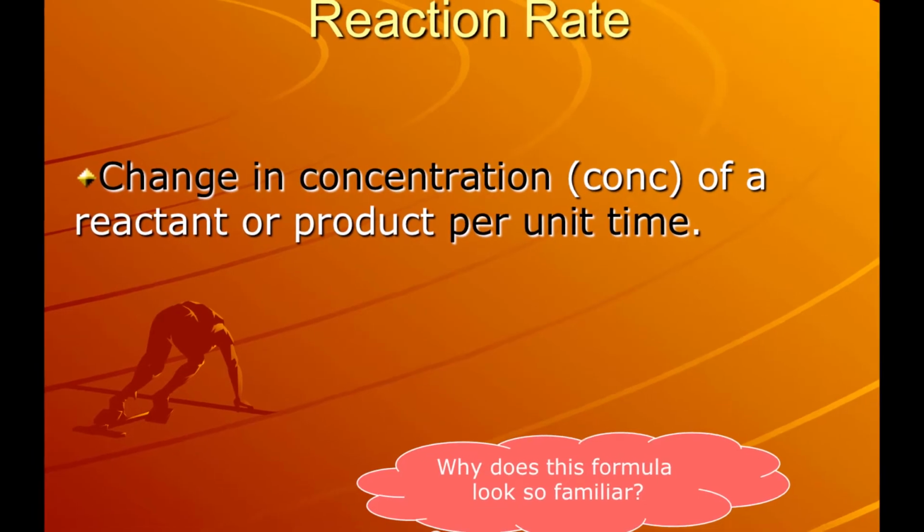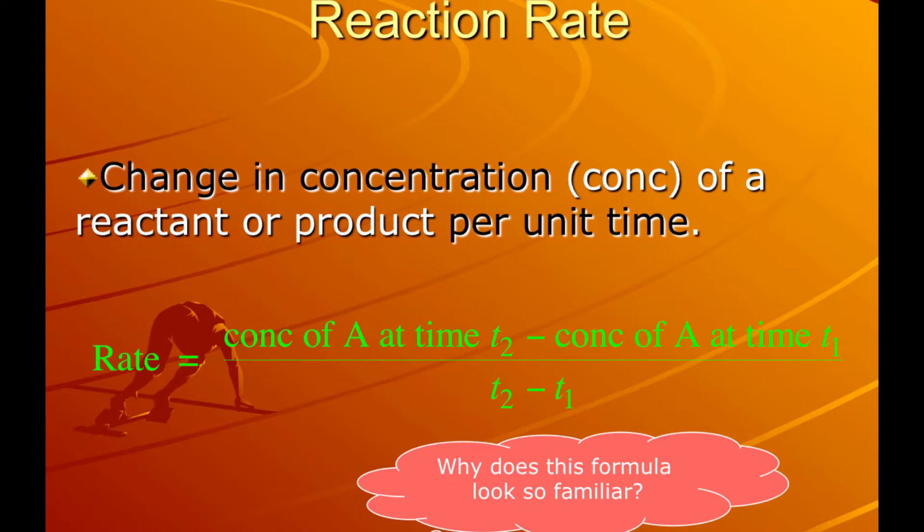So when we talk about a rate of reaction, we need to measure either how much product gets made per unit of time, or we need to measure how much reactant goes away per unit of time. So we say how much of a reactant or product, doesn't really matter, at time 2 minus how much we originally started with at time 1, over T2 minus T1.